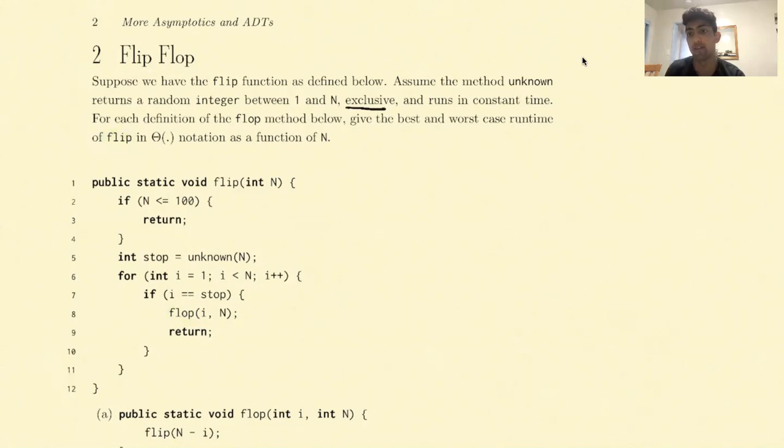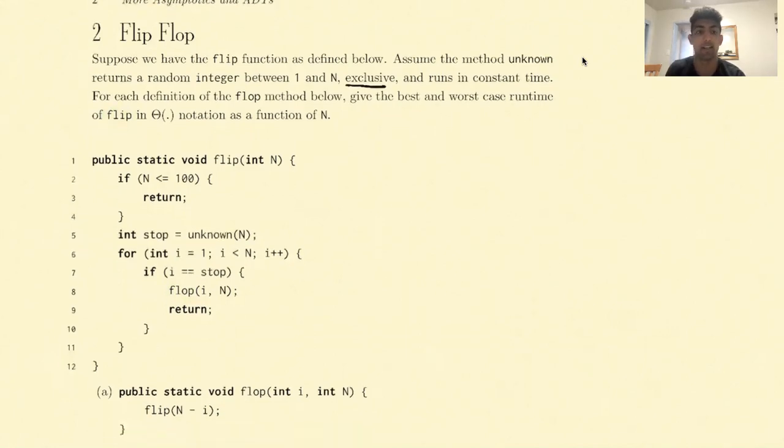Just to reiterate, we're trying to figure out the runtime of flip, and we're considering the runtime of flip for different definitions of this flop function. Flip calls flop, and then flop recursively calls flip. So it flip flops back and forth, hence the name of the problem.